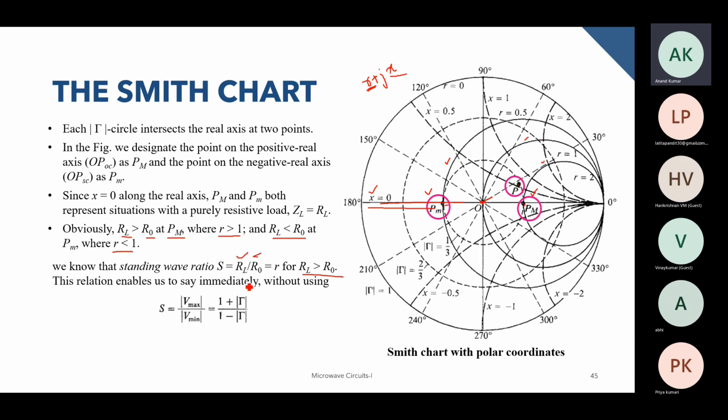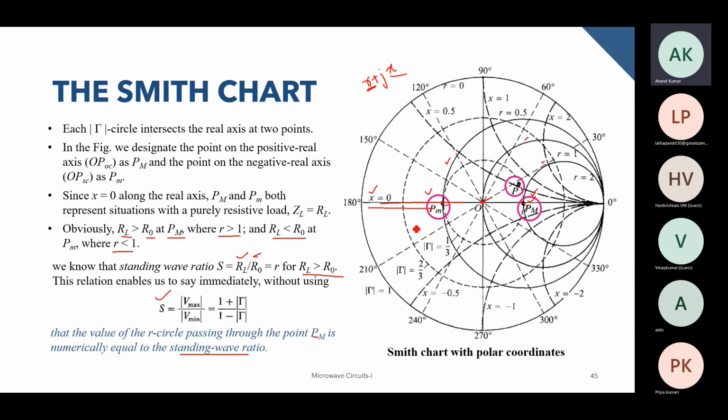If you plot this particular point and move along this circle to get PM, and you have found the value of PM, you can directly say that this PM is the voltage standing wave ratio, and you don't even need to use this particular relationship.